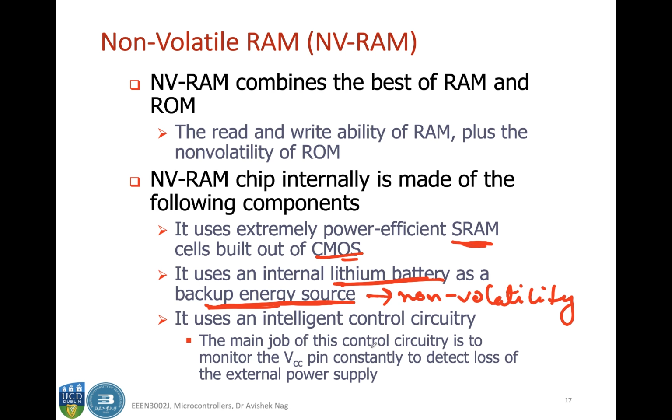The main job of this control circuitry is to monitor the VCC pin constantly to detect loss of the external power supply, and whenever the external power supply is lost, the control circuitry will switch on the lithium battery to support the RAM cells, and in that way they can keep the data and become non-volatile in nature.